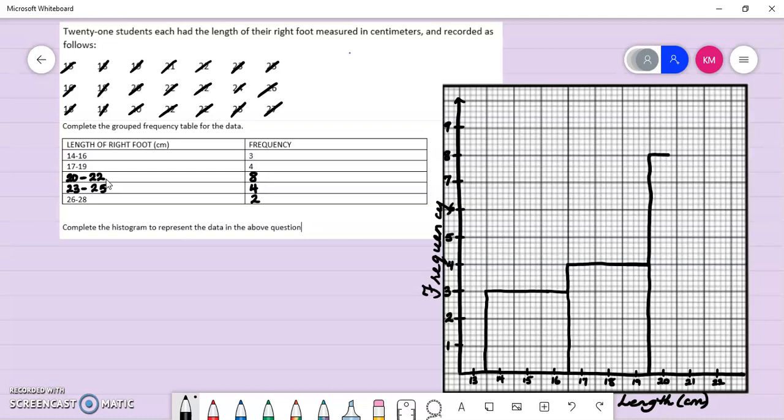And I come across until I reach 22.5, and then I come down. So the first 3 class intervals were done for you as an example, and you have those 2 class intervals, 23 to 25 and 26 to 28, to complete.